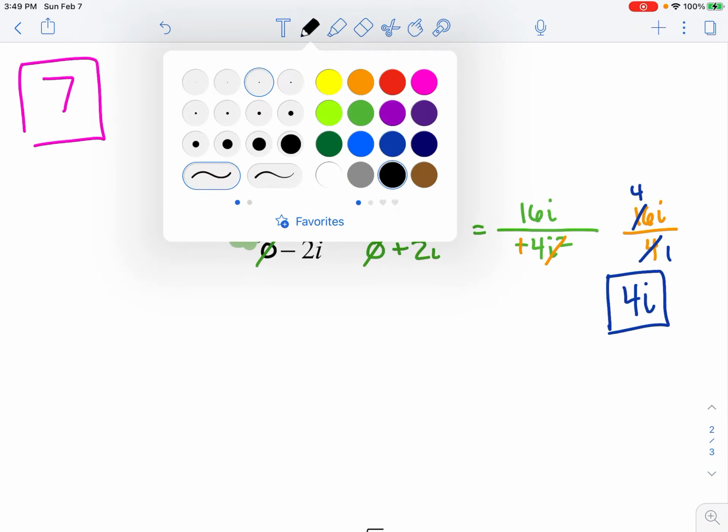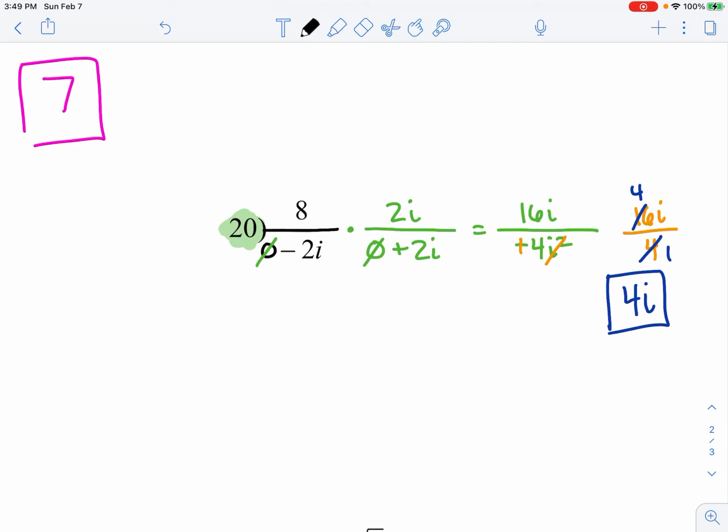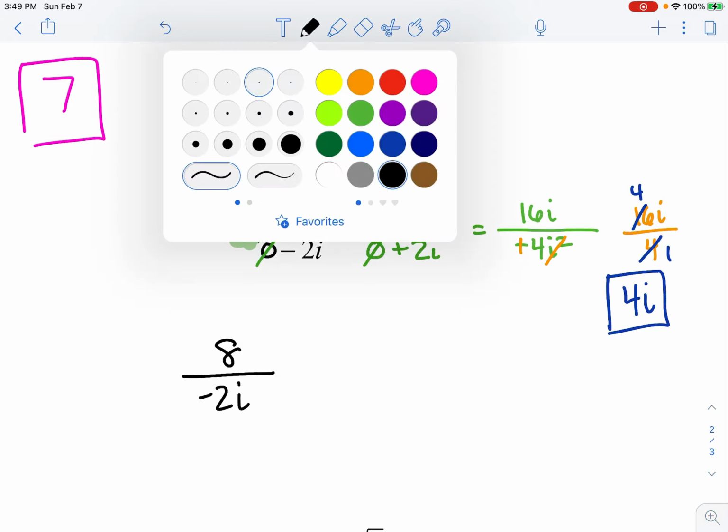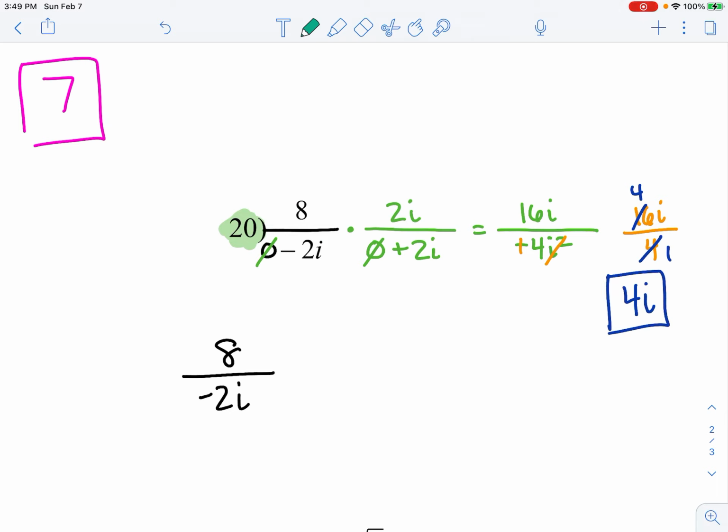This is great. However, this is way too long, but I just wanted to kind of show that really all along you can use the conjugate every single time. Let's go back to our original problem though. My problem in this question is really just my i. I want to get rid of that i. I know what i squared is, and so I'm going to just multiply top and bottom by i.